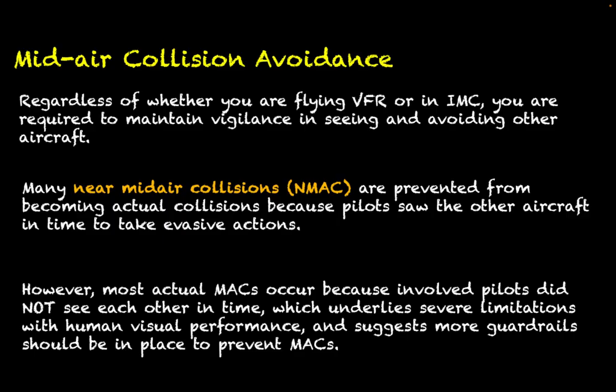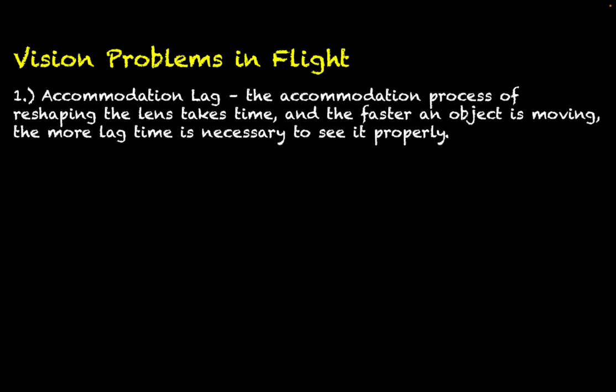So these were cases in which the pilots could have conceivably spotted each other, but for whatever reason did not. So what this indicates, not necessarily that somebody screwed up, but it maybe indicates that there are these severe limitations that are inherent in human visual performance. Like I said, it is not a perfect physiological process, and this suggests more guardrails should be in place to help us prevent mid-air collisions.